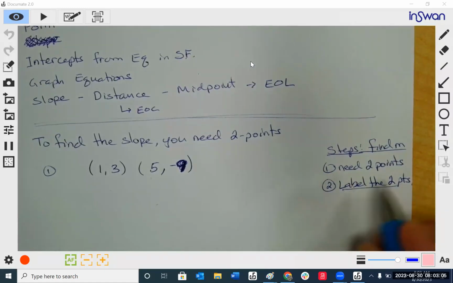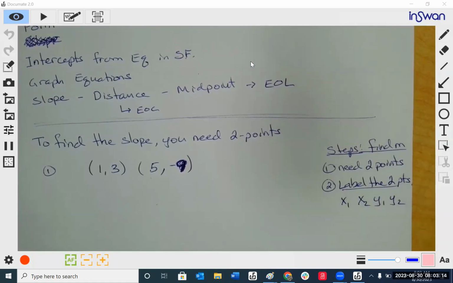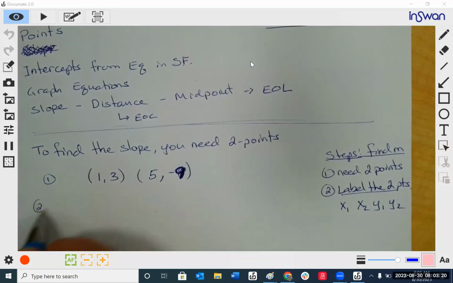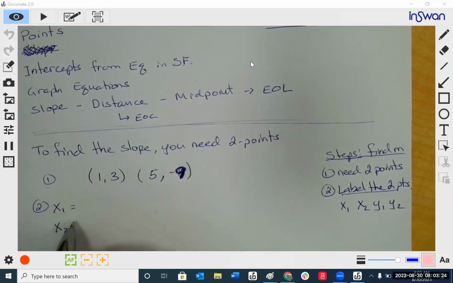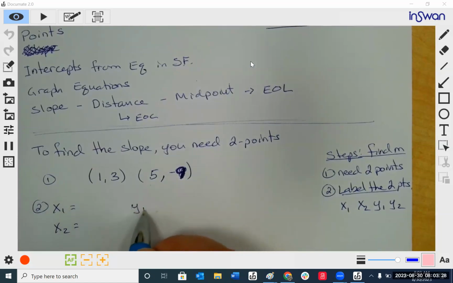What I mean by label the 2 points is we have to find x1, x2, y1, y2. We have to find all those values. So our step 2 is x1, x2, y1, y2.